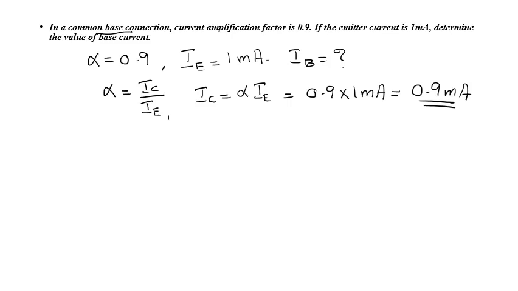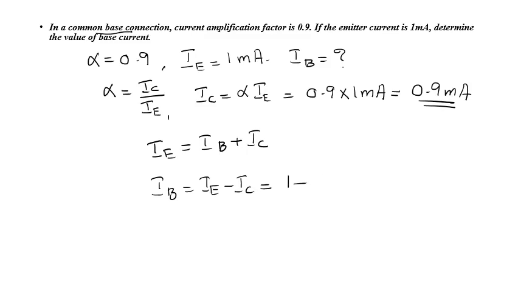So if we know IC and IE, the base current can be found from the basic transistor equation: IE is equal to IB plus IC. So IB is equal to IE minus IC. That will be 1 minus 0.9 milliampere, which is equal to 0.1 milliampere as the value of the base current.